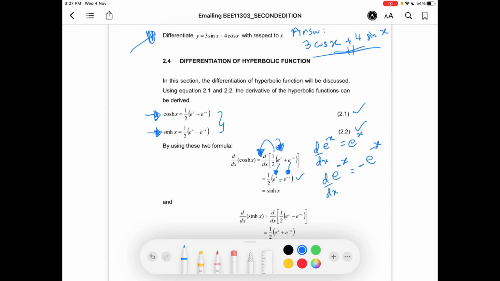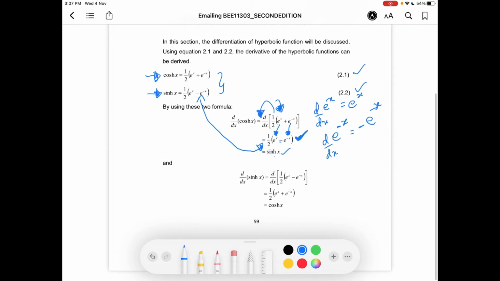So it turns out that the final outcome here is the same as hyperbolic sine. So we can say that when you differentiate hyperbolic cos x, you'll get hyperbolic sine x.